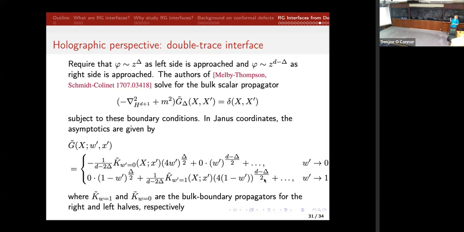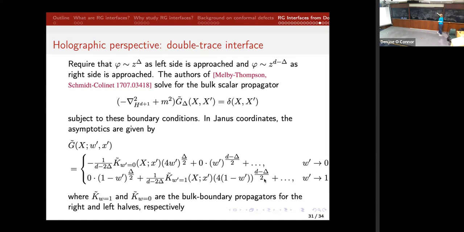There's a lot going on here, but basically we have a bulk correlation function G tilde, and this is the W equals 0 and W equals 1.